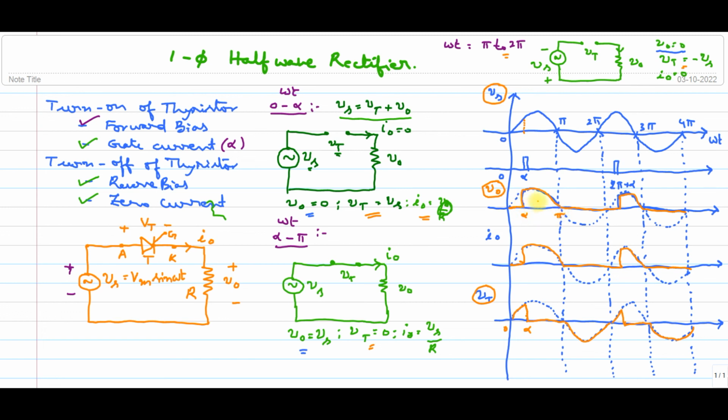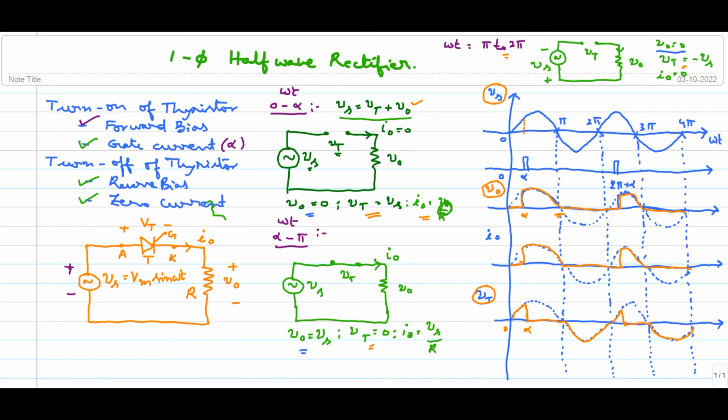V naught is equal to Vs and Vt equal to 0. From pi to 2 pi, this V naught equal to 0 and Vt equal to Vs. In that way, it is following Vs is equal to V0 plus Vt. Okay, so in this way the operation is going on. It's very simple operation, so no need to worry.